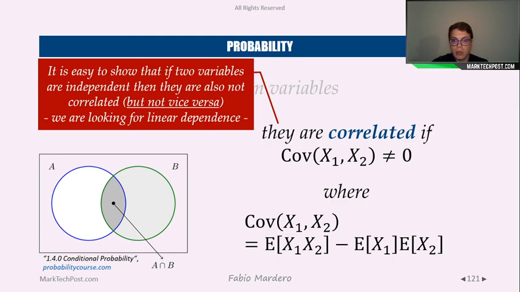But that's not always true. The two random variables could be dependent with even more complex relationships that the covariance cannot catch.